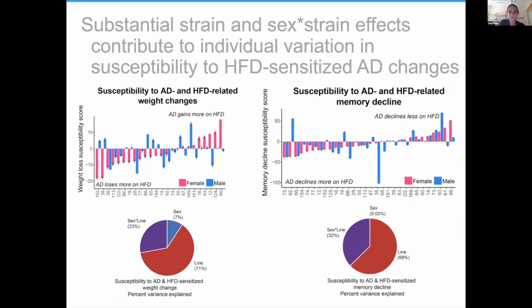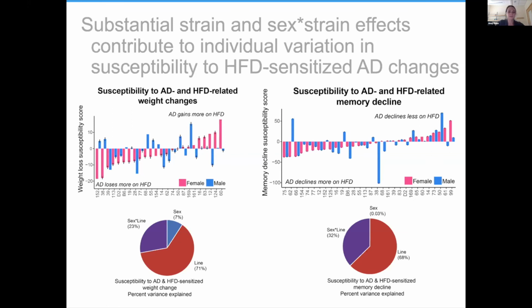My mouse appears to be frozen, but on the right side here, the same thing. Mice on the underside of the axis here have exacerbated cognitive decline if they're on high-fat diet. Mice on this side of the axis have improved cognitive function if they're on high-fat diet.